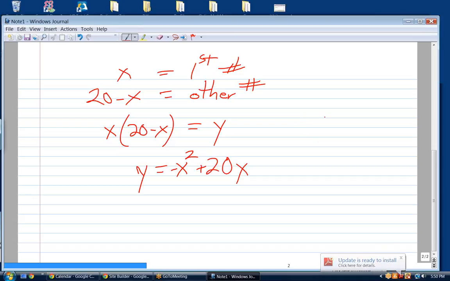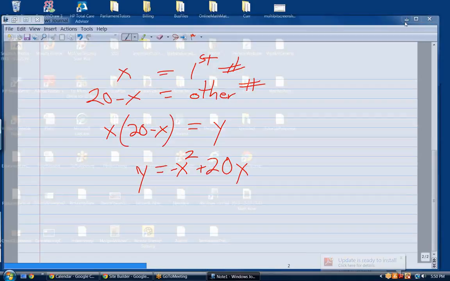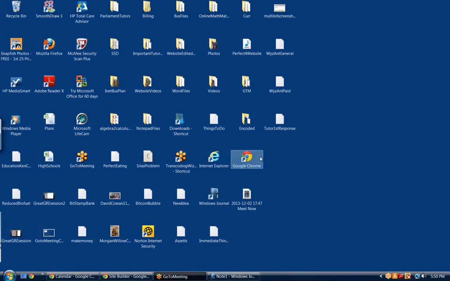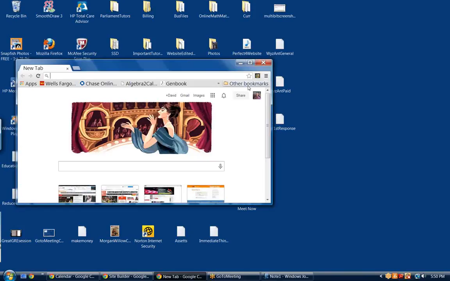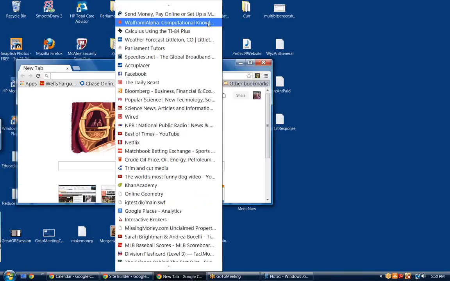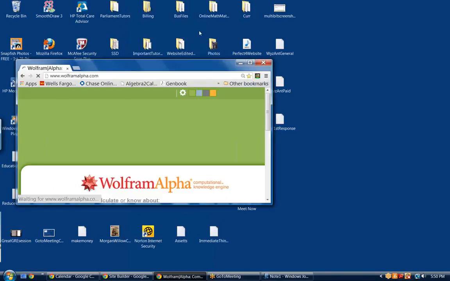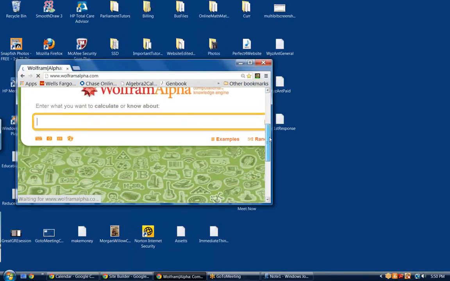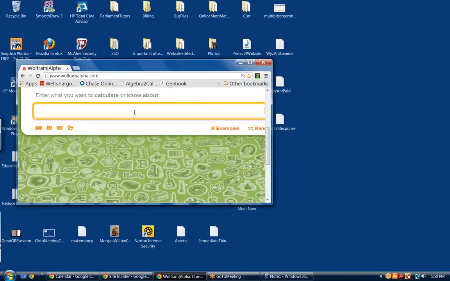Okay, so let me graph it on my calculator here so that we can see it. I'll graph it on Wolfram Alpha. You're using your Inspire? Yeah.